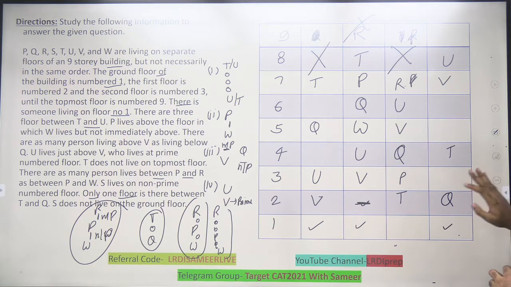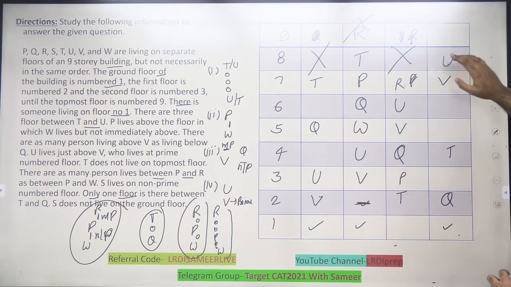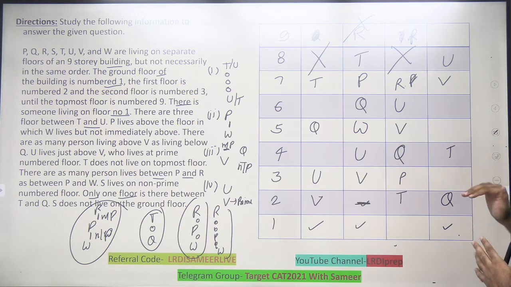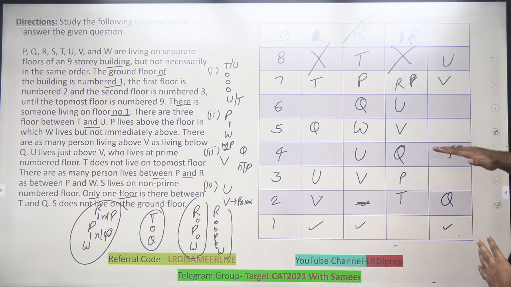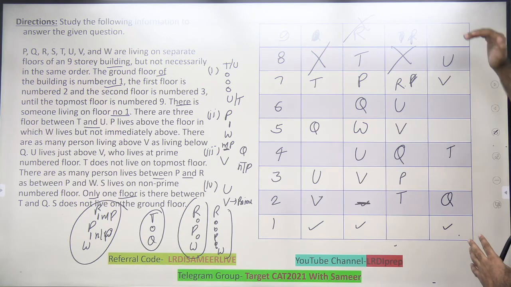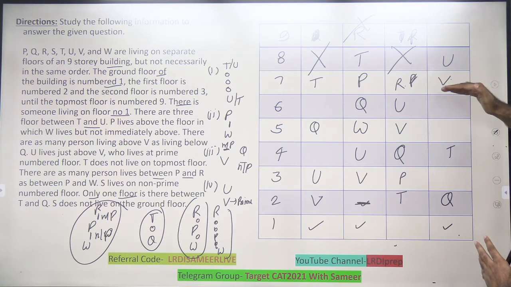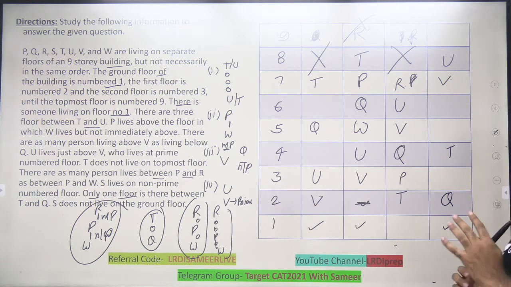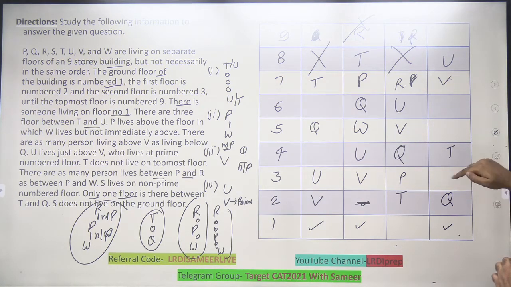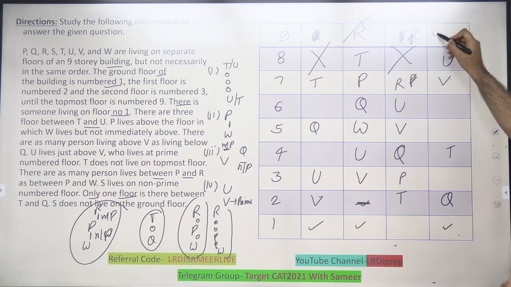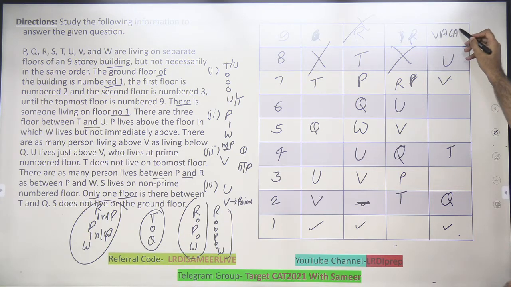And then to make the number of people above Q as 6, we see that one person is here, Q is the second person, then the sixth person would be over here, and then one floor is vacant, and that vacant floor has to be above Q, and it has to be above V also. Because if one floor is vacant below V, then the number of persons below V would not be 6, in that case it would be 5. But the number of people above Q will always remain 6 because one person is definitely there. So if one floor above V is vacant, then this is the only floor which can be vacant.